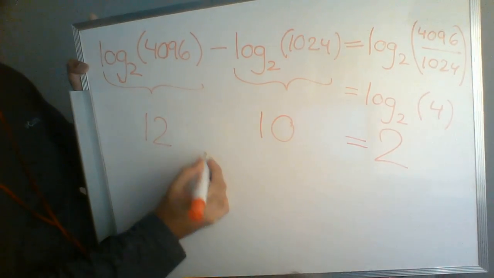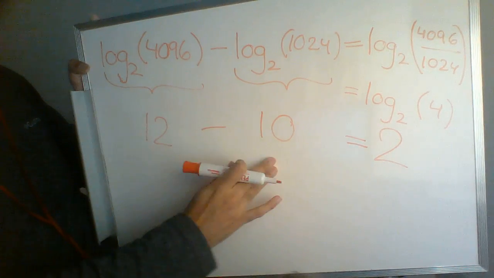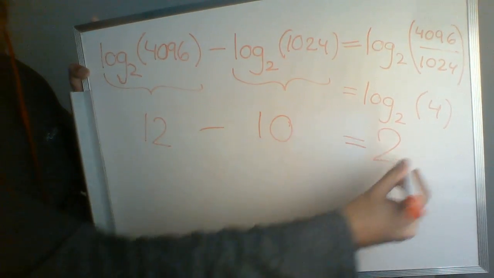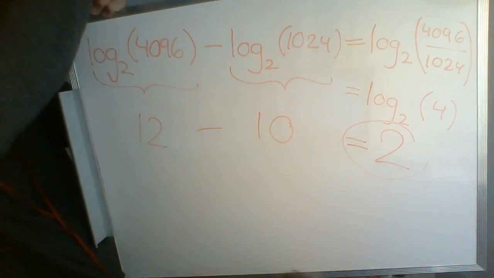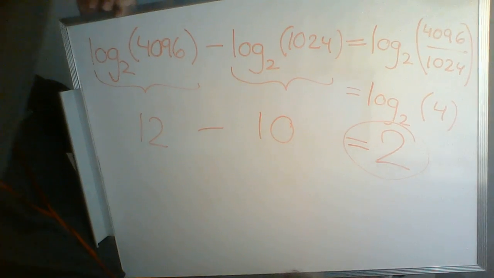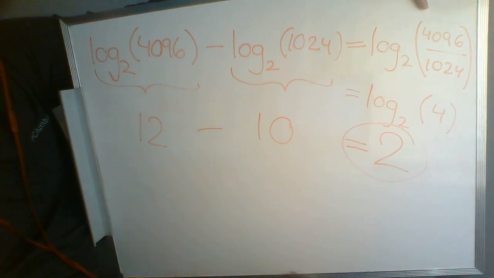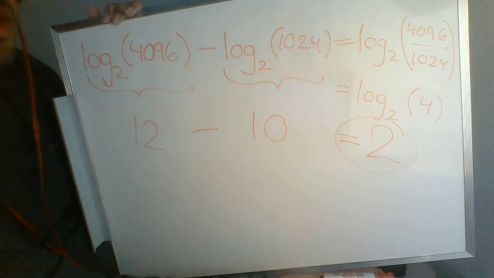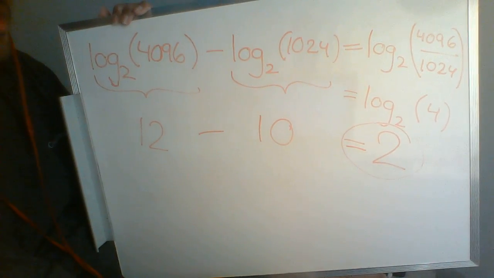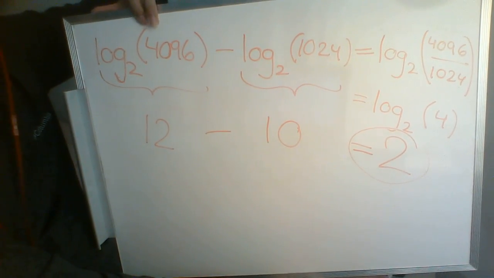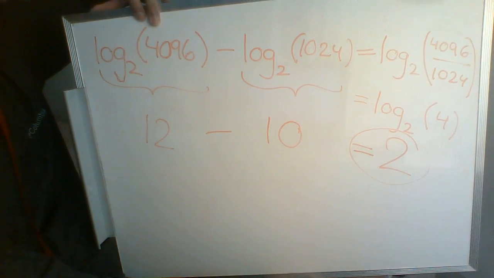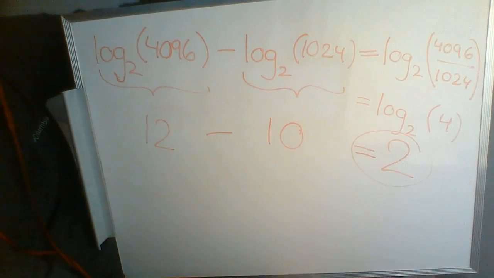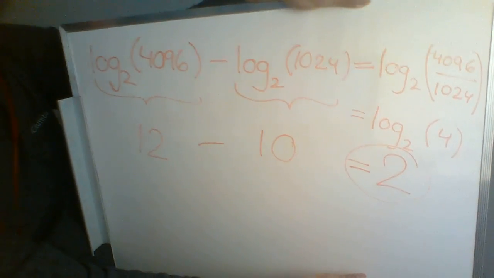So our answer to that logarithm would be 10, and then you could just do 12 minus 10, which would also give you 2 as a final answer. So both of them are perfectly valid, but I would prefer to do it this way, because then when I'm actually figuring out the logarithm part of it, it's much, much simpler, whereas over here you're going to be at this a while if you're trying to figure out how many 2's you can multiply together to get 4096.